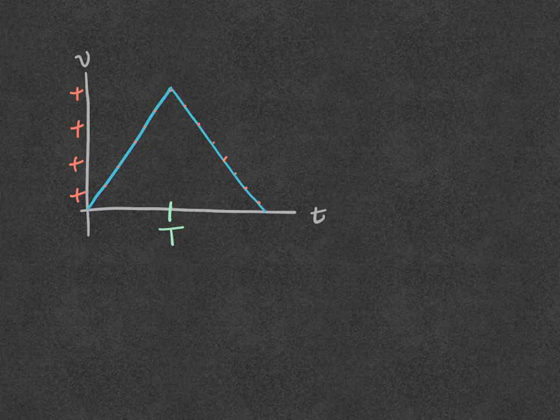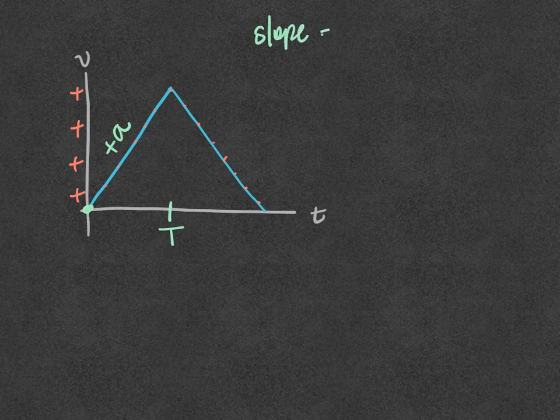At that time, there's a change in the motion. So originally, the slope of the line from the beginning to capital T is a positive slope. So the acceleration is positive. Remember, the slope is the acceleration. And the velocity is positive. All these velocities are positive.